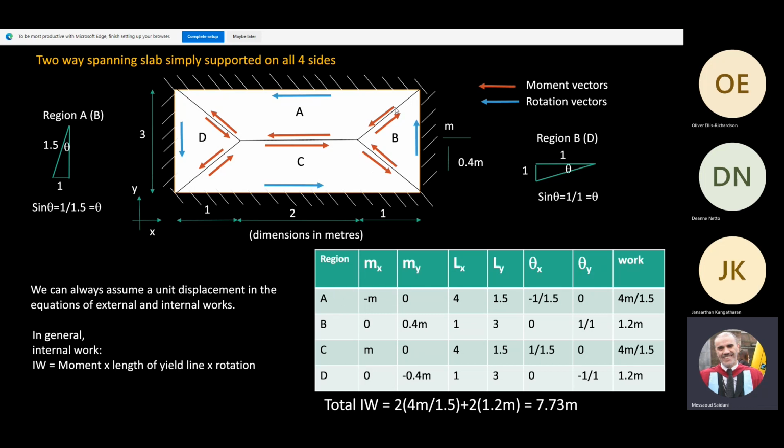Can you see the moment vectors? Please pay attention. This is the X direction, right? This is our chosen axis of reference. Do you agree that when you project these vectors and this one onto the X-axis, you get M?